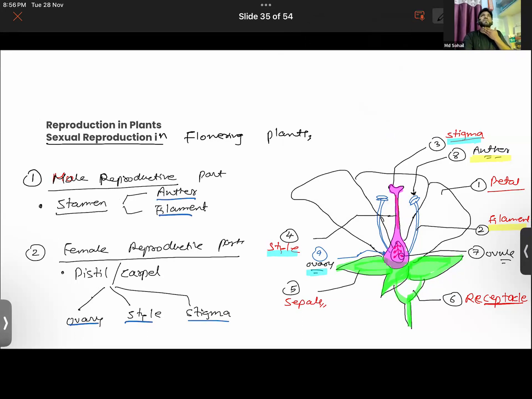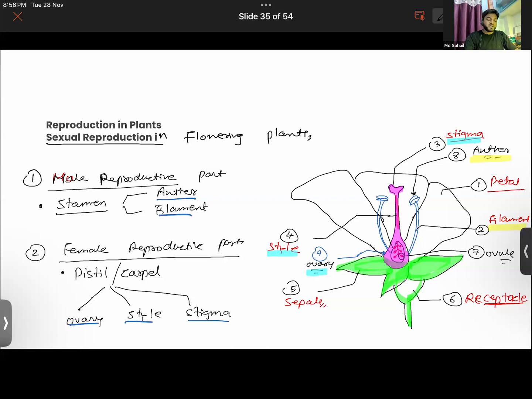Now, some flowers have only one of the two reproductive parts, while some have both. The one which has only one reproductive part of the flower is called an incomplete flower, or we also call them unisexual flowers, right?